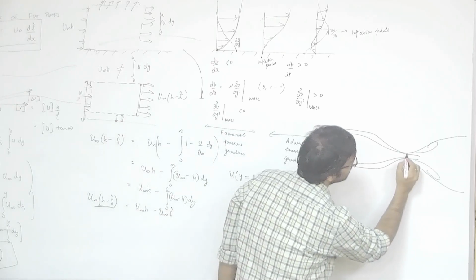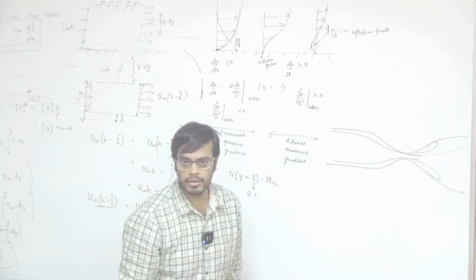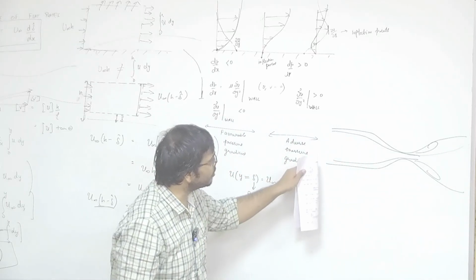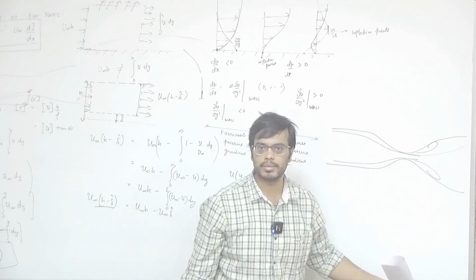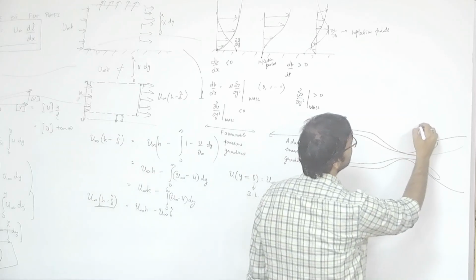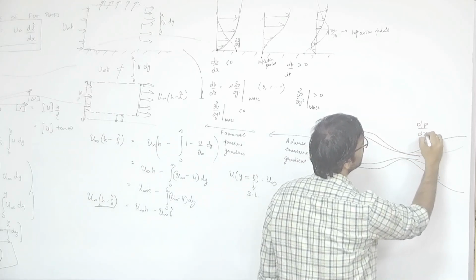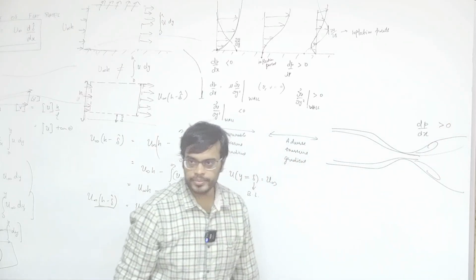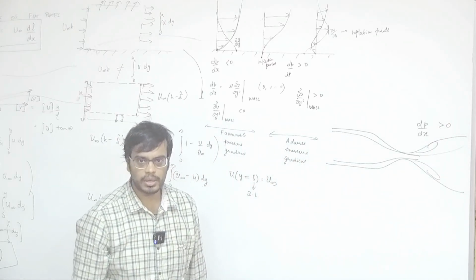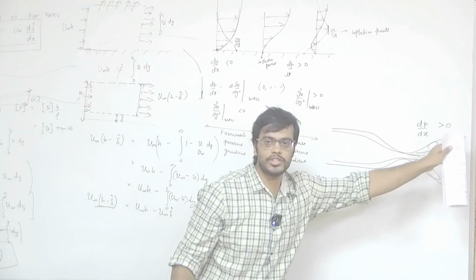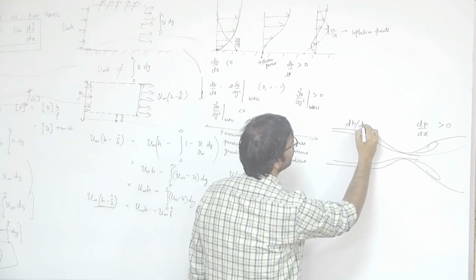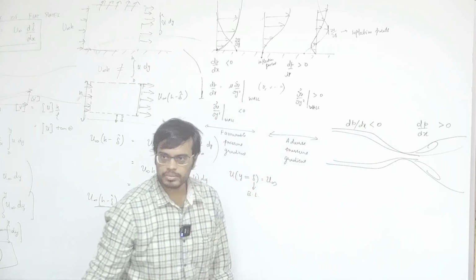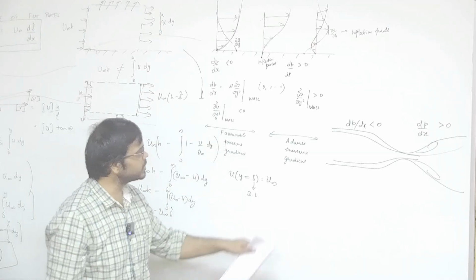Basically, the boundary layer has separated. Why is the boundary layer separating? Because after the contraction, when you have a diffuser region, the pressure is increasing. dP dx is greater than 0. Pressure was increasing as you moved downstream. Here dP dx was less than 0.